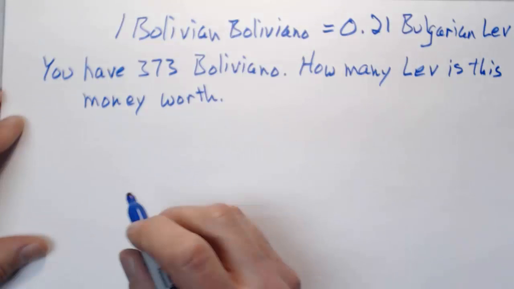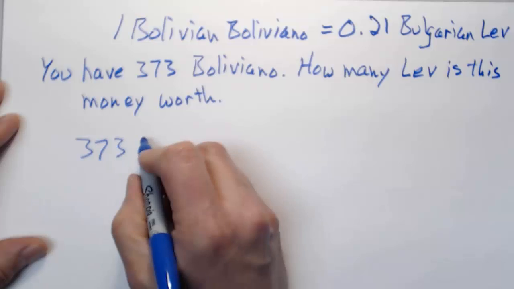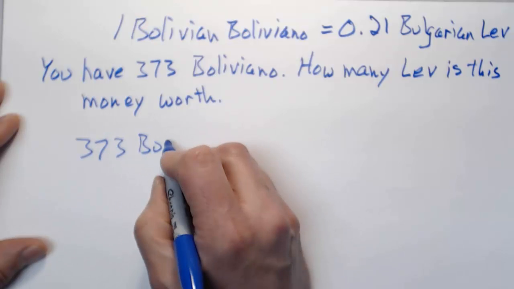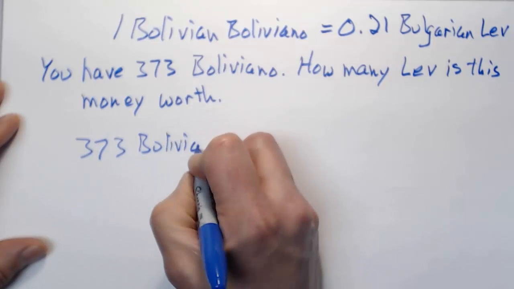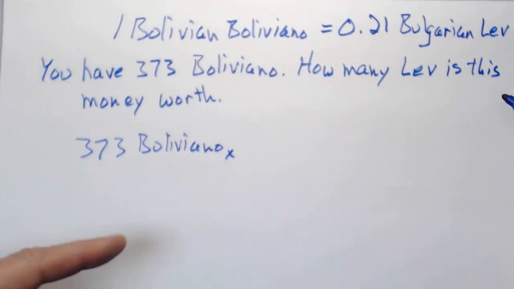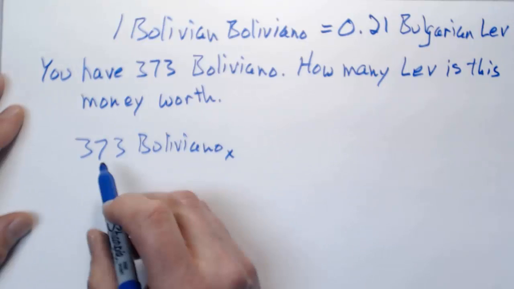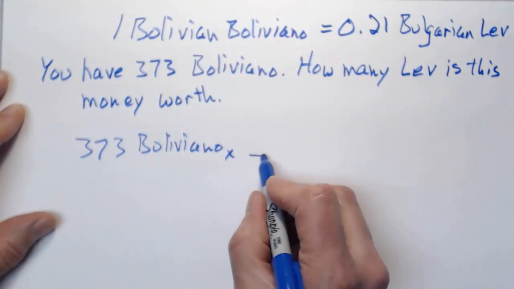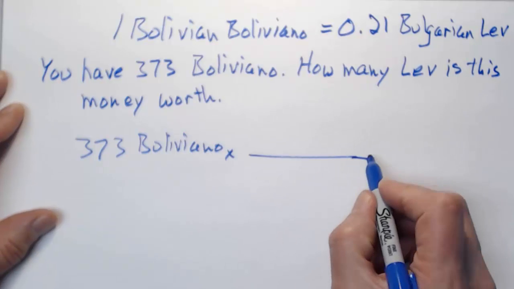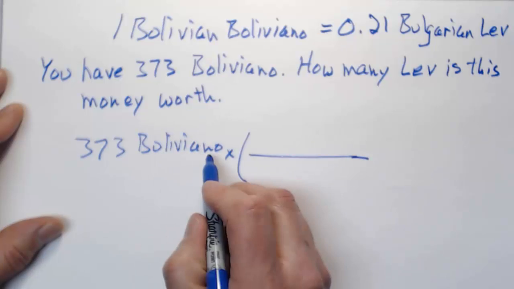Well, we do the conversion here. 373 Boliviano times. I want to change my Boliviano into lev. They're effectively in a numerator here. So in the denominator of my conversion factor, my funny looking 1, I'll have to have the Boliviano down there.